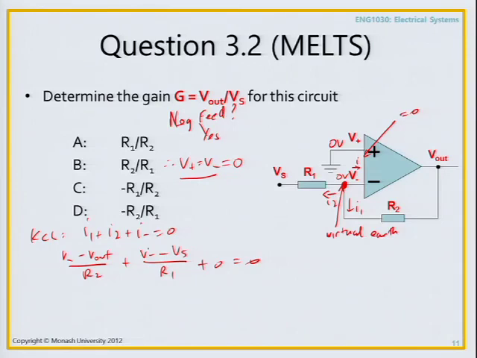Okay, so therefore, if V minus equals 0, then you've got these terms equal to 0. And now you've simply got minus V out over R2 equals Vs over R1. Now if I rearrange that, I get V out over Vs equals negative R2 over R1.